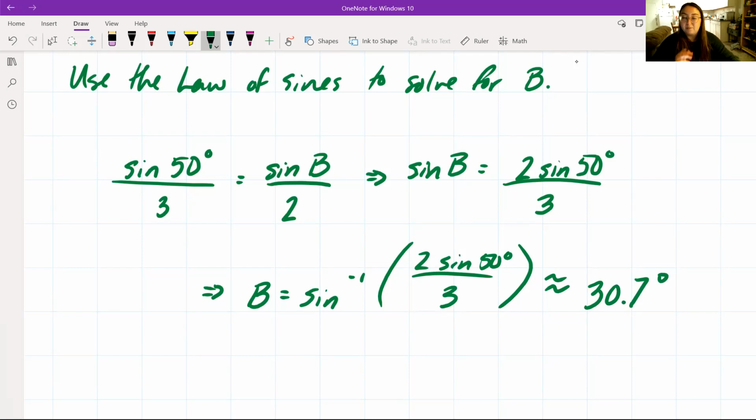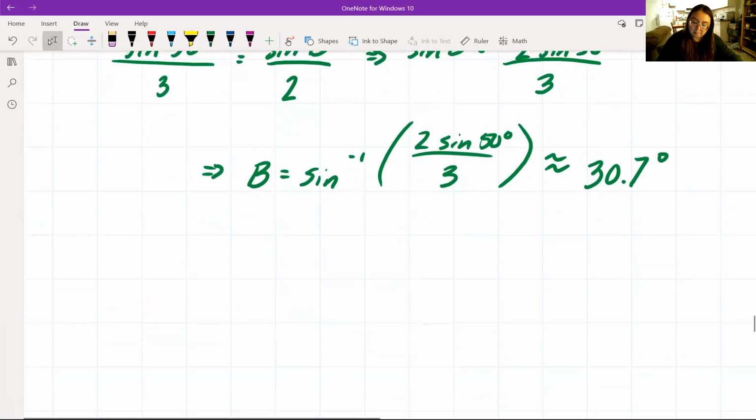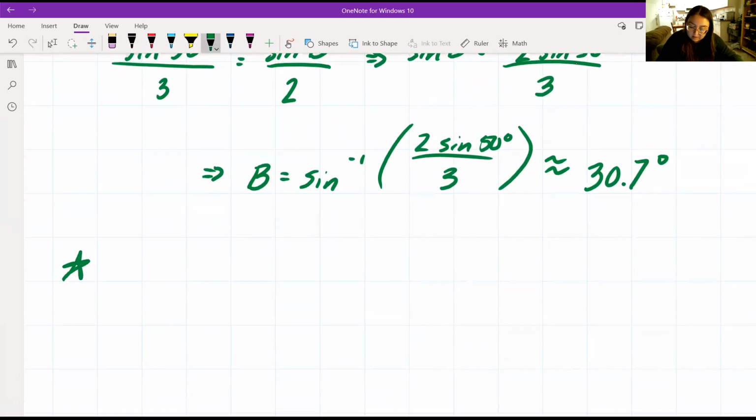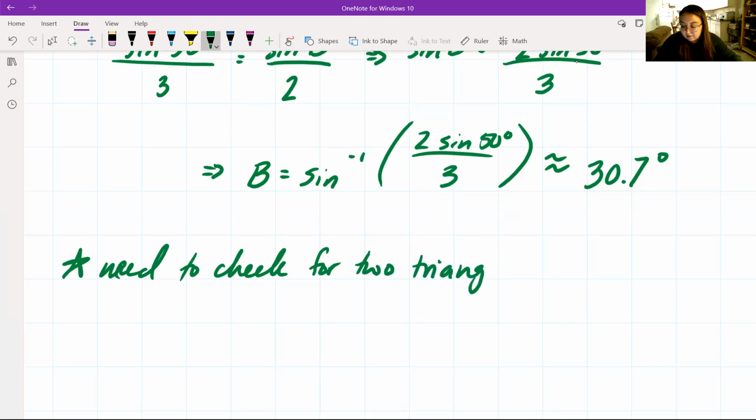So if B is going to be about 30.7 degrees, we want to check if we're going to have two triangles. We need to check for two triangles.